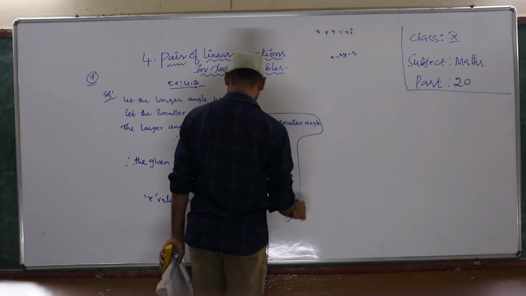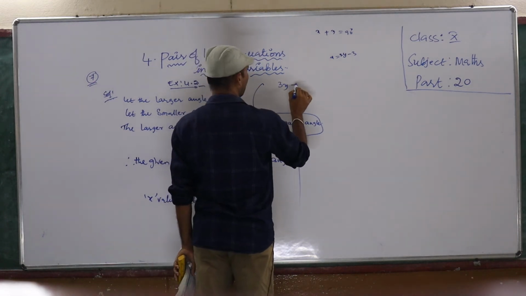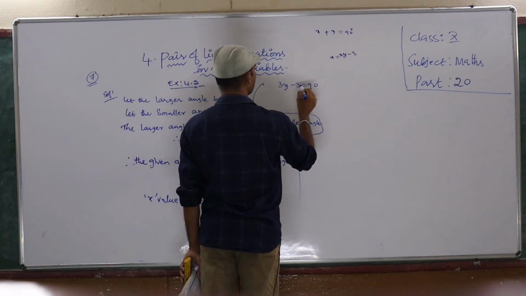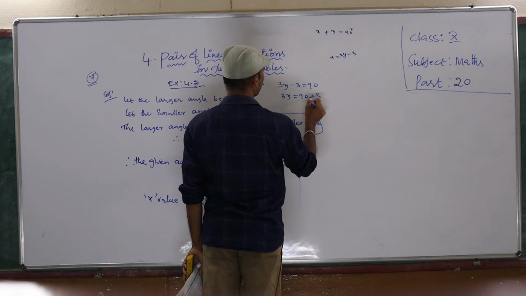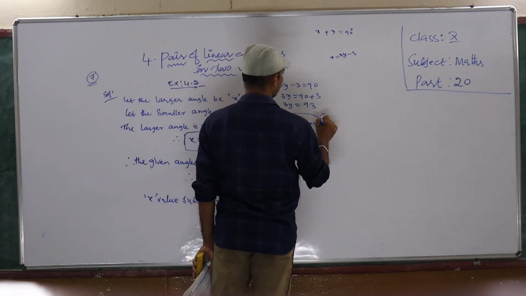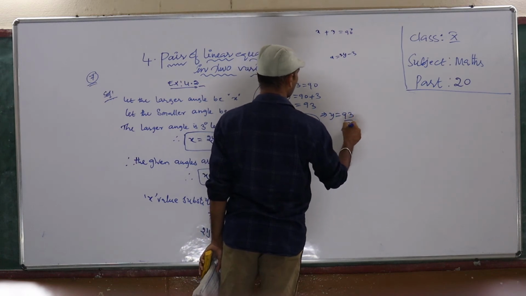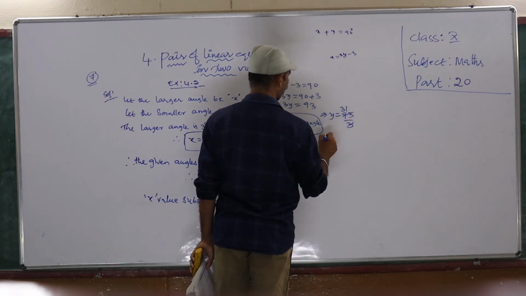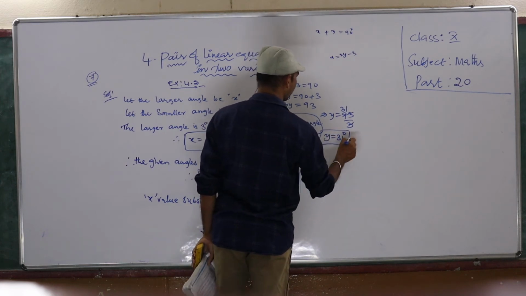Then 2y plus y, 3y minus 3 is equal to 90. Then 3y is equal to 90 plus 3. Then 3y is equal to 93. Then y is equal to 93 by 3. 3 threes are 9, 3 ones are 3. Then y value is 31 degrees.